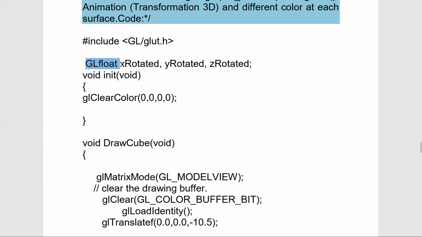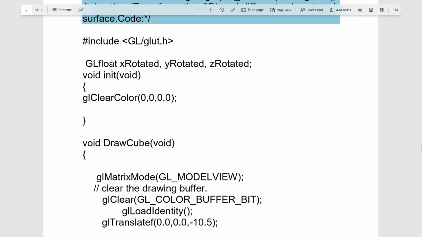See how the naming of the variables is. It starts with capital GL, GLfloat. The way we write float in our normal programs, here it is GLfloat. Three variables are defined for the respective rotations: rotation about the X axis, rotation about the Y axis, and rotation about the Z axis.